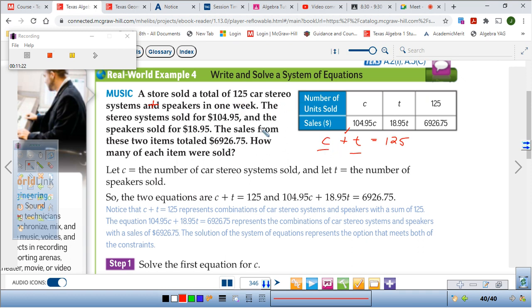C stands for your stereos. How much are your stereos worth? So we're going to have that rate, 104.95 C, because now we're talking about money. Money goes with money.